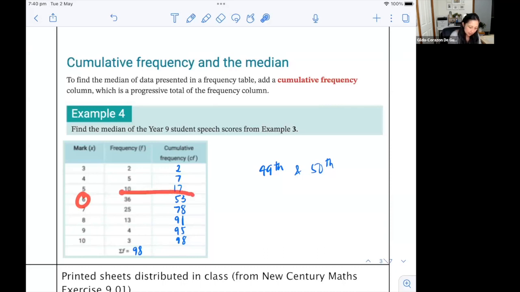It's right here, right? Because this one here would be your 18th up to the 53rd score, right? And 49 and 50 would be between 18 and 53, and therefore your median would be 6.